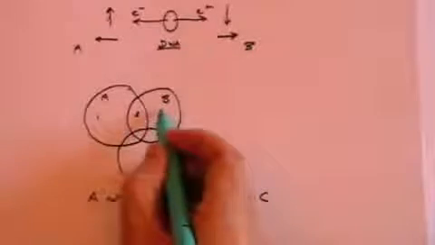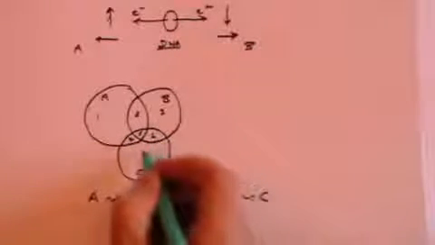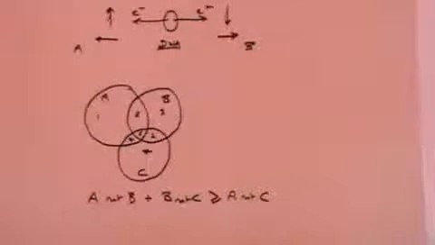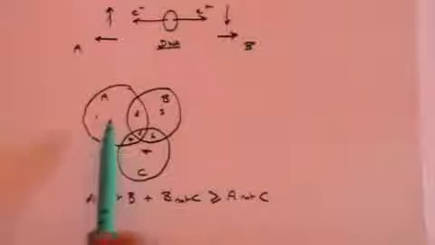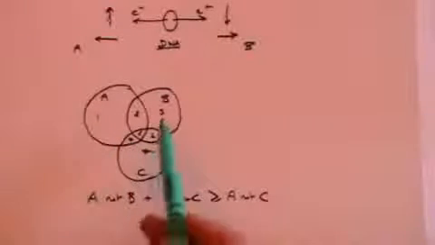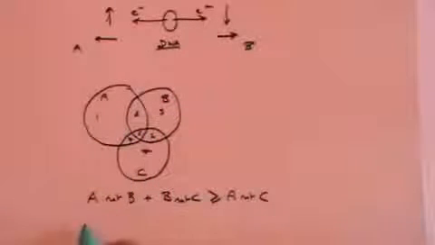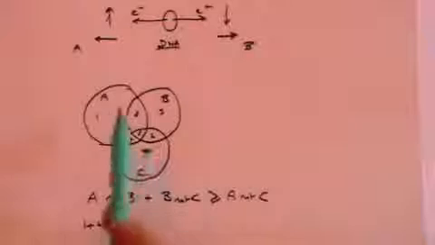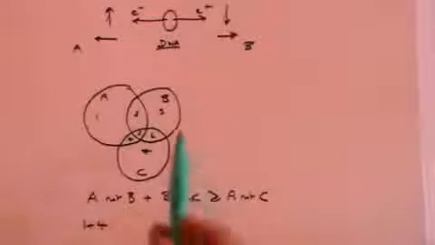1, 2, 3, 4, 5, 6, 7. So if you say A not B, well, A not B is region 1 plus region 4. 2 and 5 are part of B. So 1 plus 4 is A not B. What is B not C?